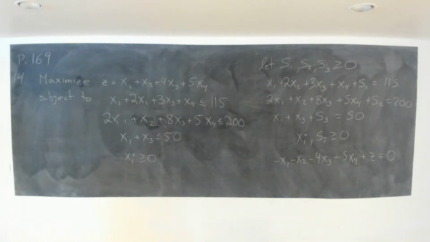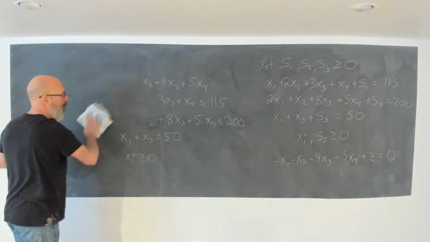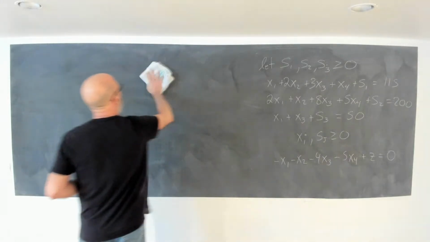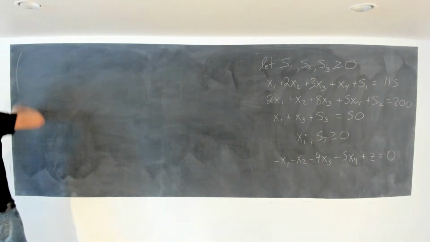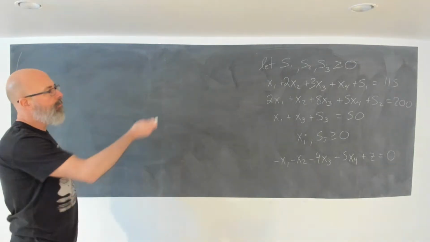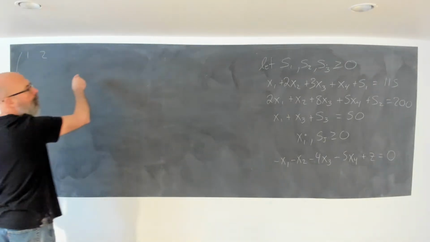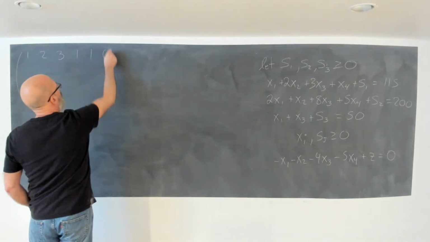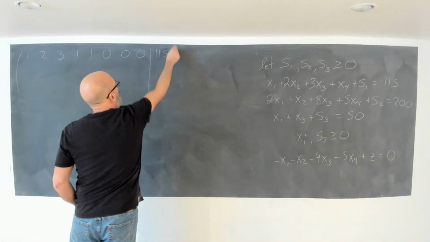So let's transport this into an array known as the simplex tableau, where we'll reserve the first column for the x1, x2, x3, and so on, S1, S2, S3, Z, and the constants.